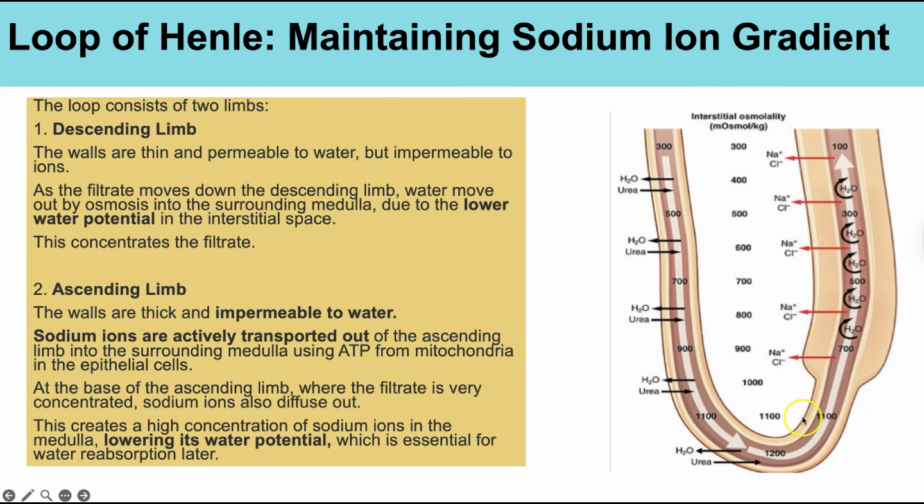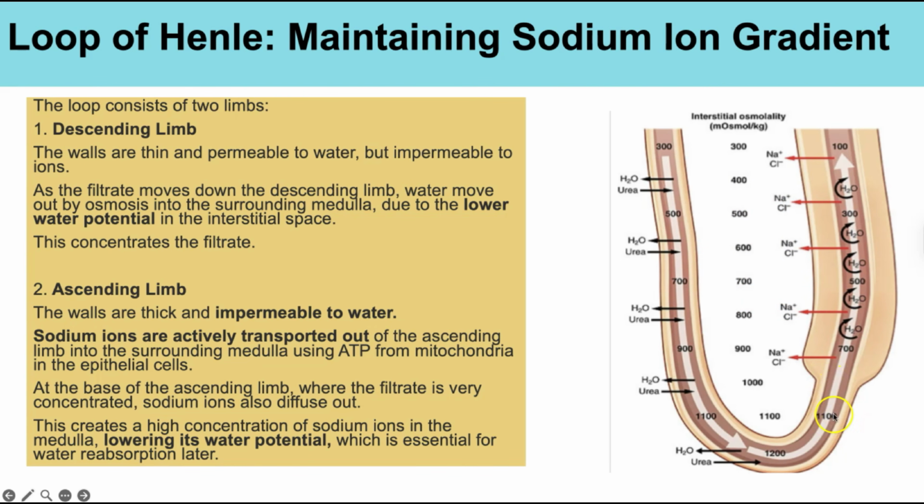As the filtrate moves up the ascending limb, the walls are thicker and they're also impermeable because they don't have aquaporins within them, so water cannot move out by osmosis. But sodium ions can be actively transported out. And that then means we get a really negative water potential gradient.